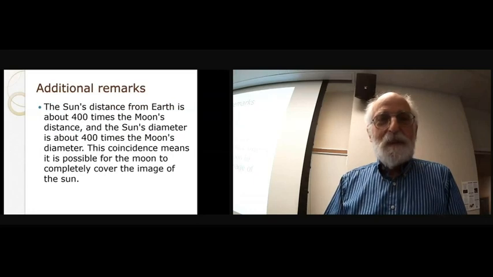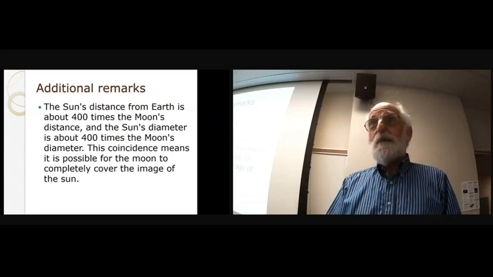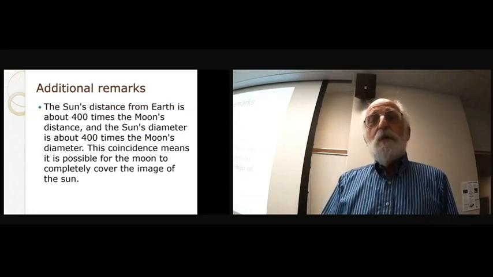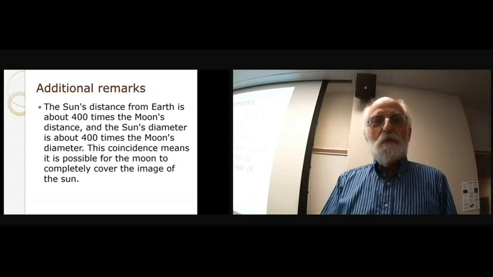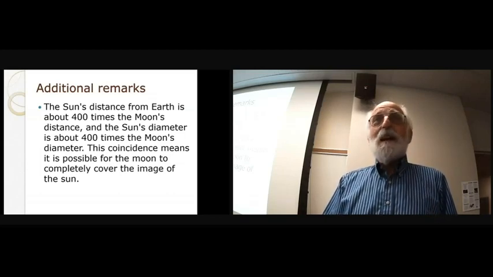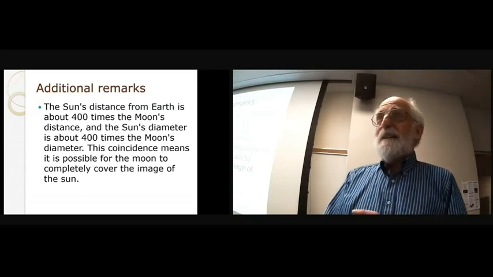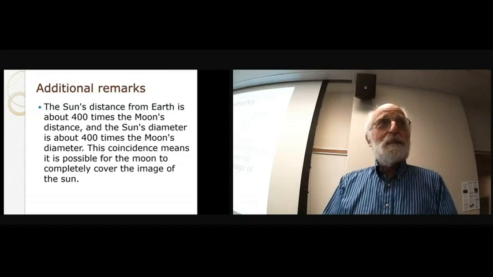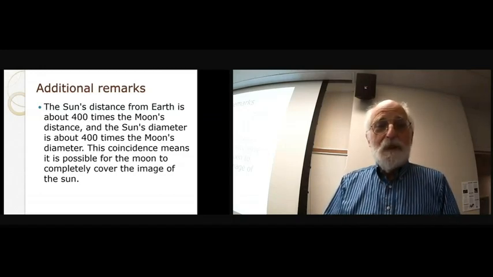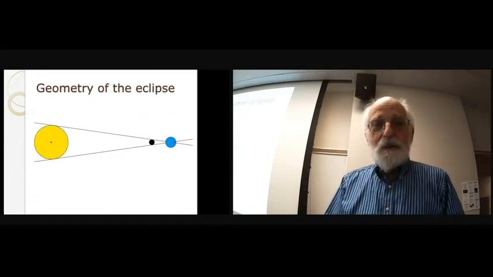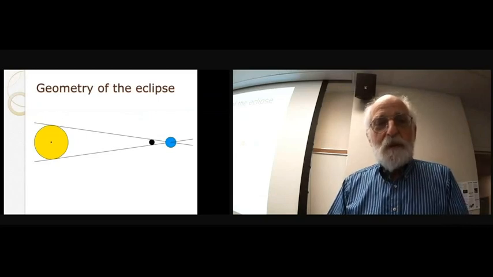The coincidence is the sun's distance from the Earth is 400 times the moon's distance from the Earth, and the sun's diameter is 400 times the moon's diameter. Because of that coincidence of these 400s, it's possible for this picture to occur.